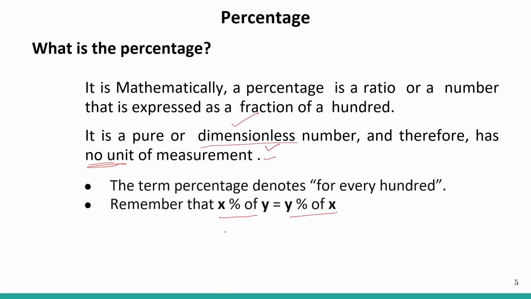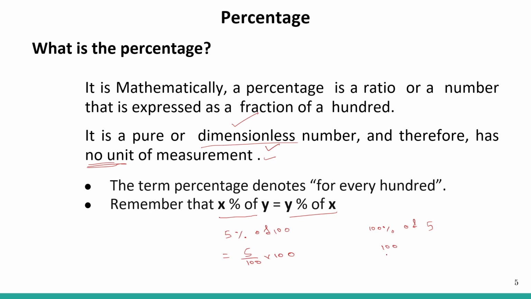Let's see, 5% of 100, and 100% of 5. So this is equal to nothing but 5% of 100, which is 5 by 100 into 100. And this is 100% of 100.